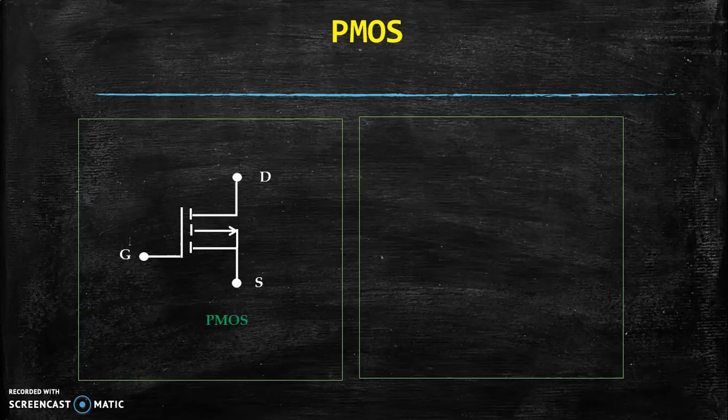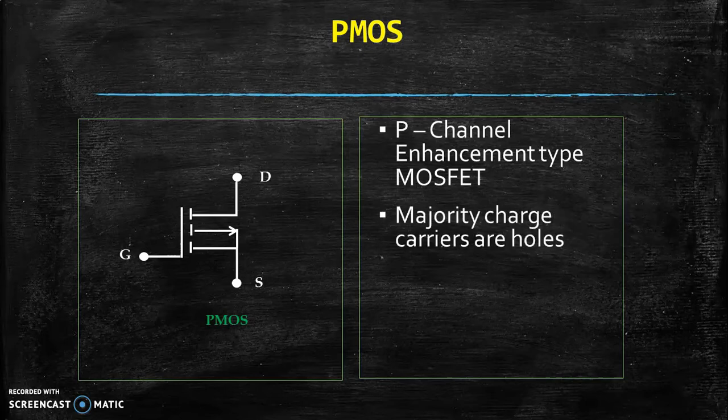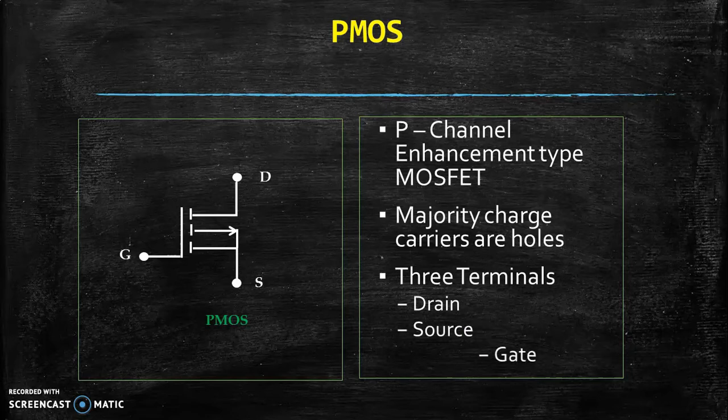This symbol we use for PMOS. We use the P-channel enhancement type of MOSFET for PMOS, and the majority charge carriers in case of PMOS are holes. As we discussed, it has three terminals: drain, source and gate.